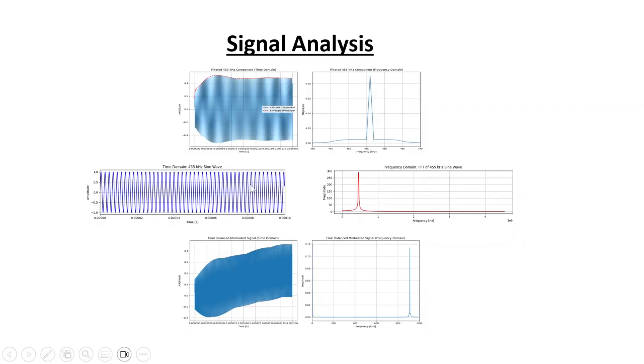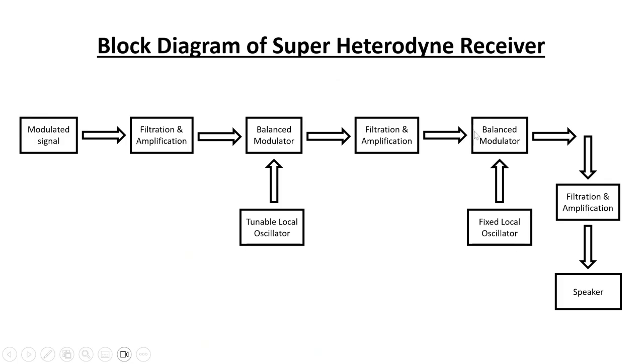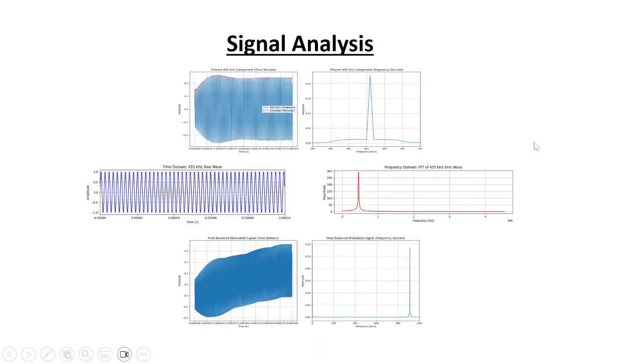Okay, and if you again use a local oscillator here with a balanced modulator, the result will be a high signal and a low signal. You know, a balanced modulator creates the sum and difference, so the difference one will be our audible range, our message signal.